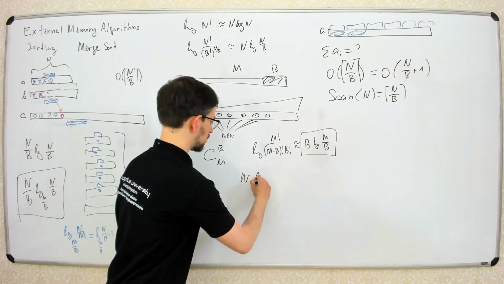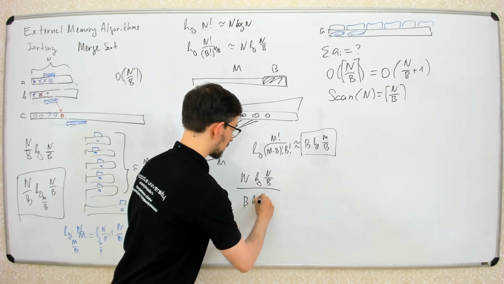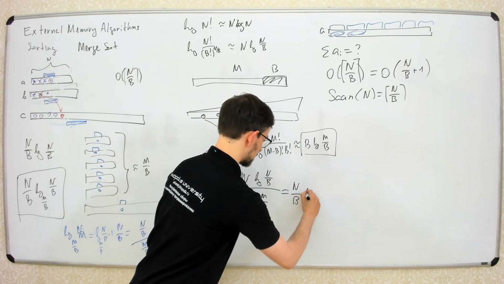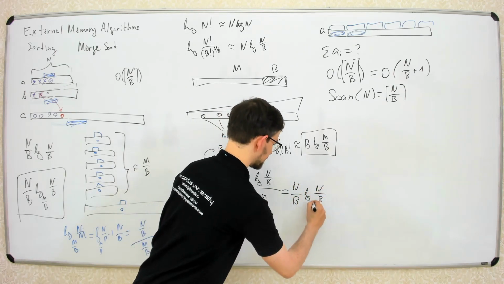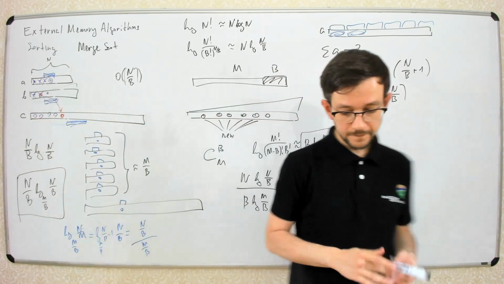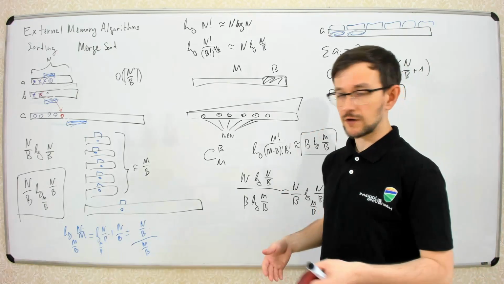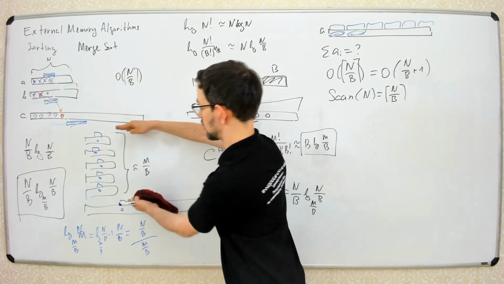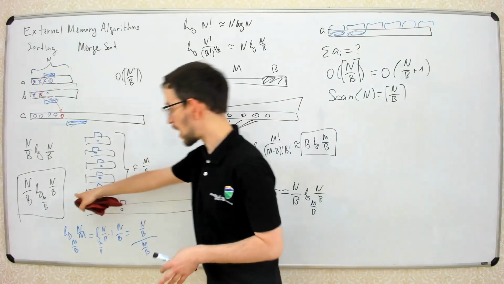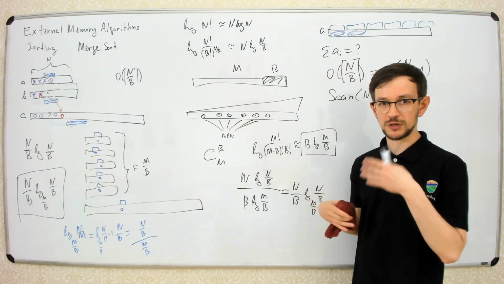So we have n log n over b divided by b log m over b, and that's exactly what we need. That's all. So if you make a merge sort algorithm, merging m over b blocks each time, then you have the theoretically optimal result. It's asymptotically the best possible sorting in external memory.